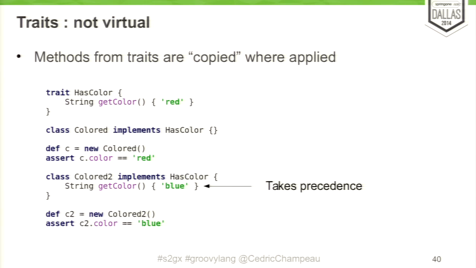I mean, if you have an override, it takes the version from the class itself. So what I do here is just define a getColor method, which is defined by my trait, and this one wins because it is defined in the class itself, so it's the usual semantics.